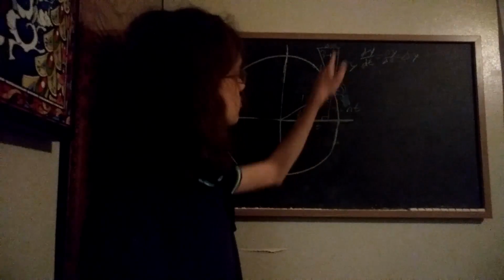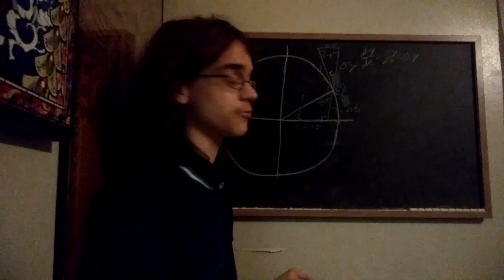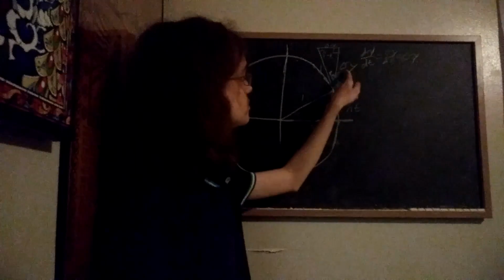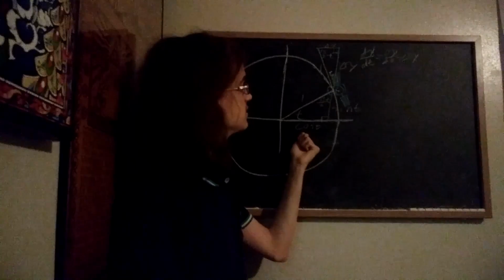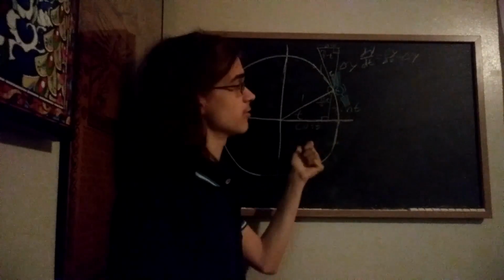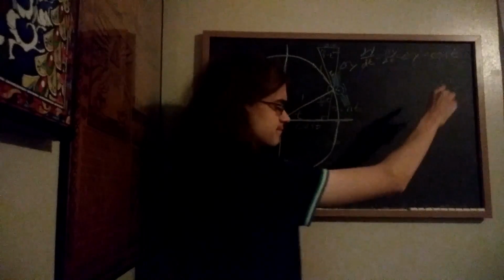Now, these two triangles are exactly congruent, so we can say the change in y is equal to cosine of t because they're across from the same angle, pi over 2 minus t. And so we can say the change in y is equal to cosine t.